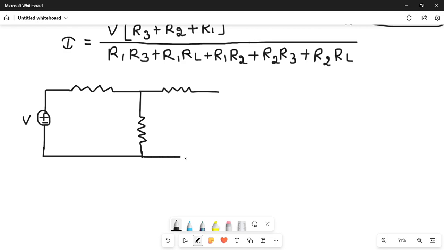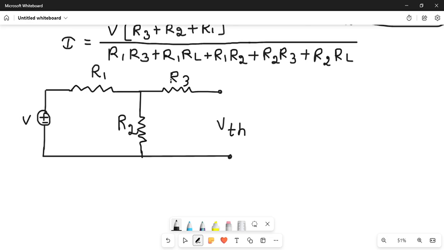And here we are making this an open circuit. And here we are finding the Thevenin's voltage, that is VTH, and here it is R3, and this is R2. Okay, so this is R1, right? So now this is the Thevenin's equivalent.